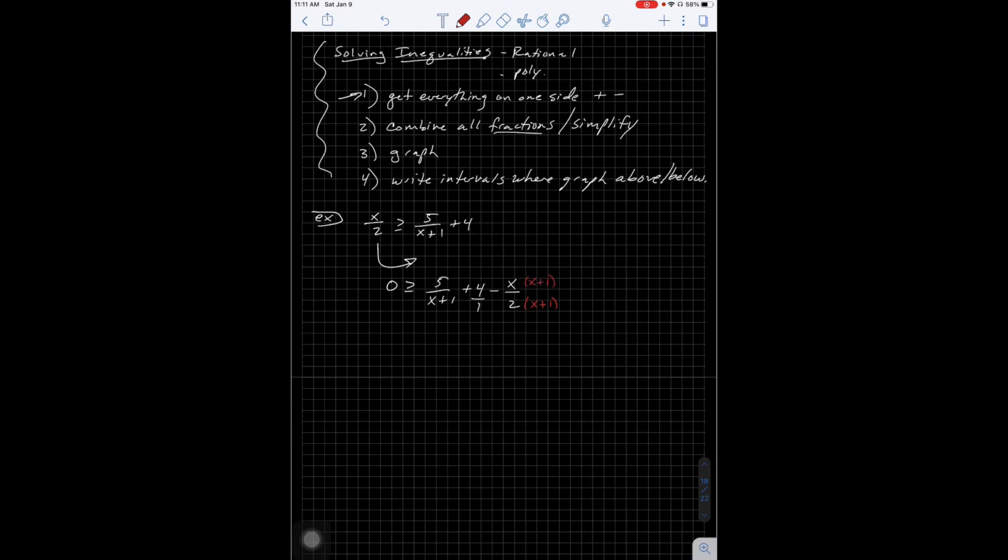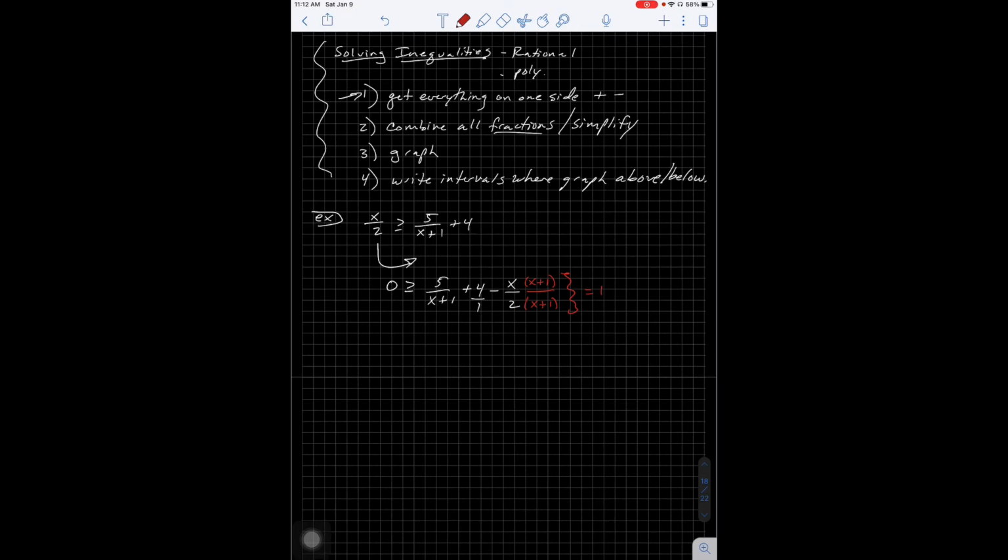Now it's worth noting at this point that what I'm doing in getting a common denominator is I'm multiplying one fraction, top and bottom, by something which is equal to 1, because x plus 1 over x plus 1 is 1. So I'm not changing the value at all, and I'm not violating my rule because I'm not actually clearing the fraction.